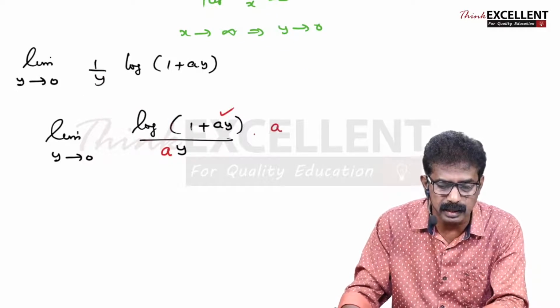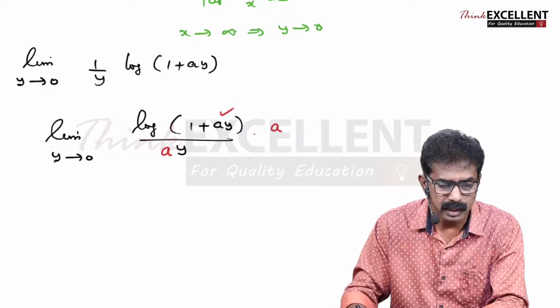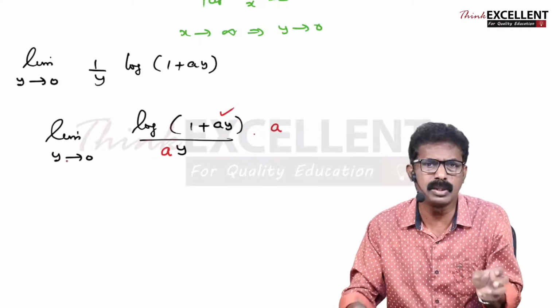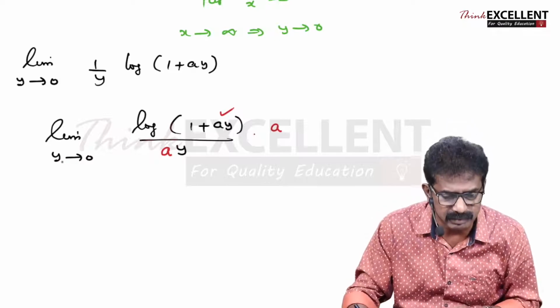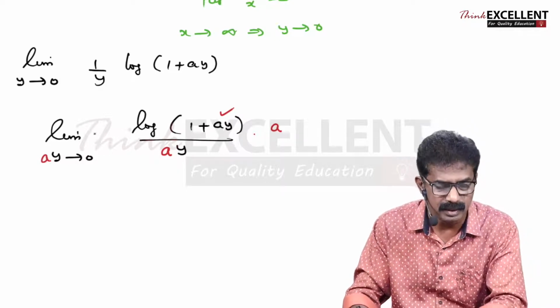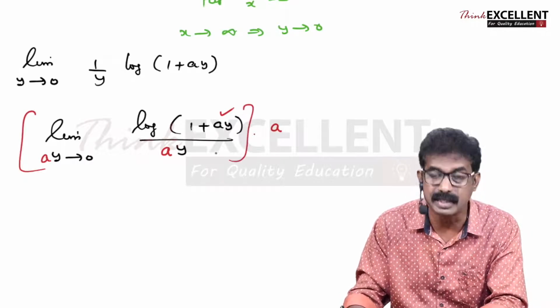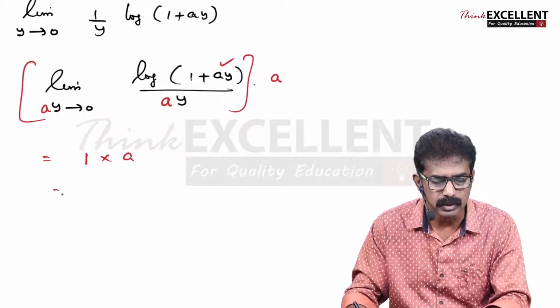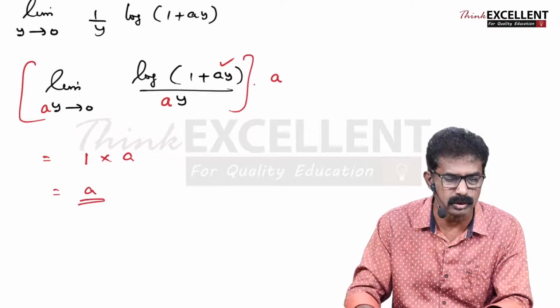So another a you write in the numerator. Then limit, no problem because y is tending to 0. Both sides we multiply by a, so left side becomes ay, right side becomes 0 into a, it is 0 only, right? Now this is exactly of that type, so you can write it as 1 into a, so the answer is a. Hope you understood this, okay?